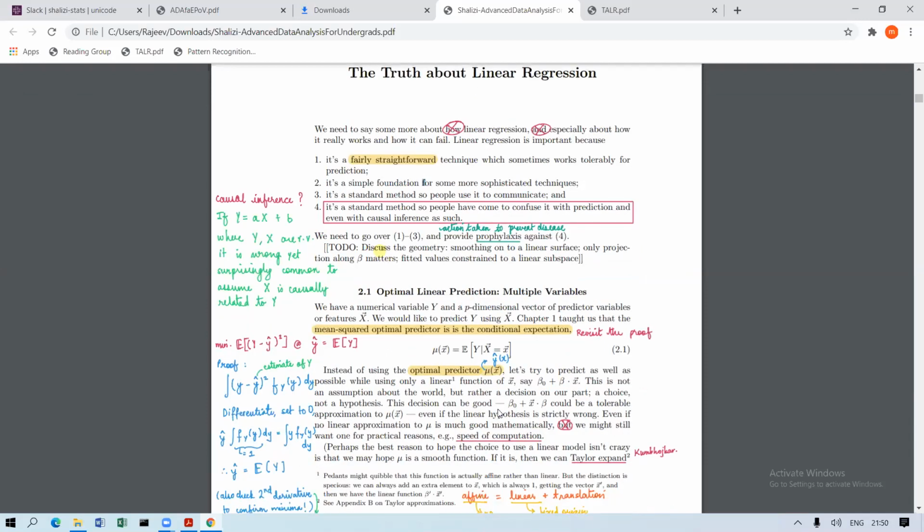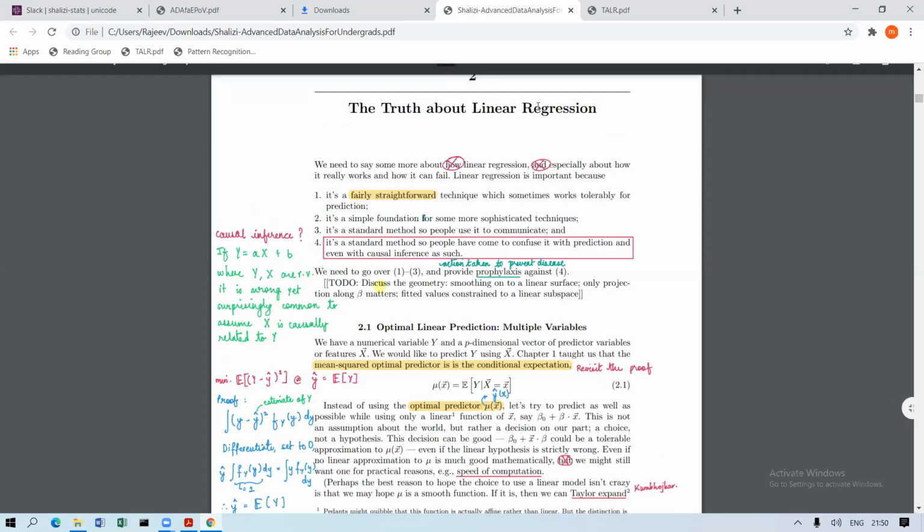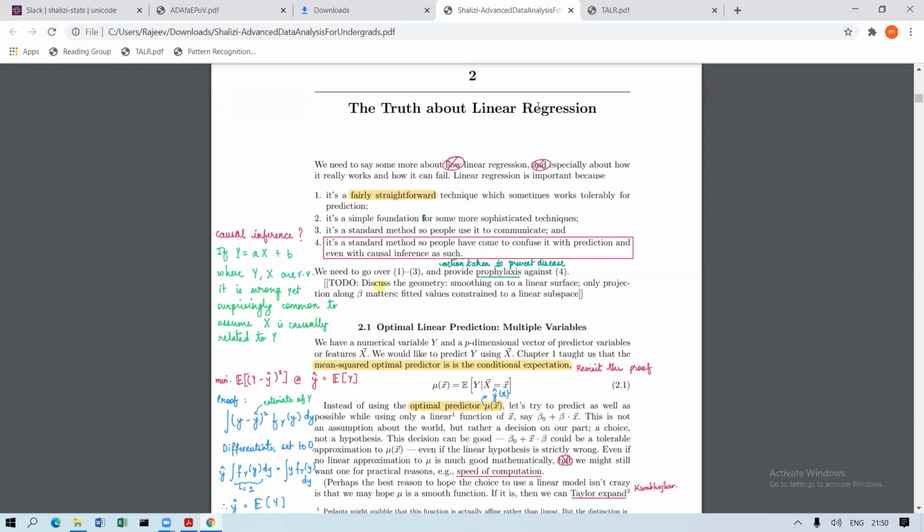So first, just connecting to the previous chapter, Parth, how do you annotate on screen? Do you know on Zoom? When you share your screen, you get an option to annotate.